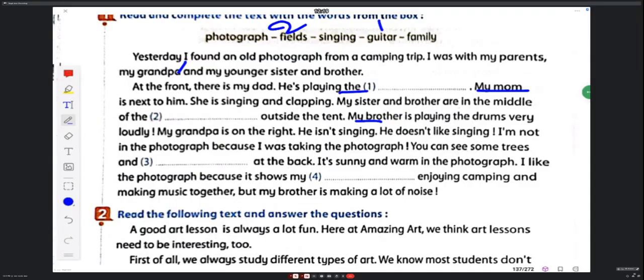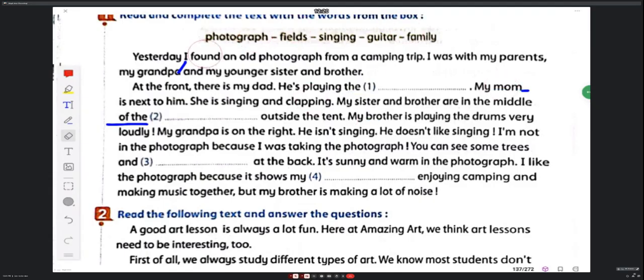You can see some trees and... Fields will be the correct one. Number three. Okay. So number two, I think it will be photograph. Yeah, correct.